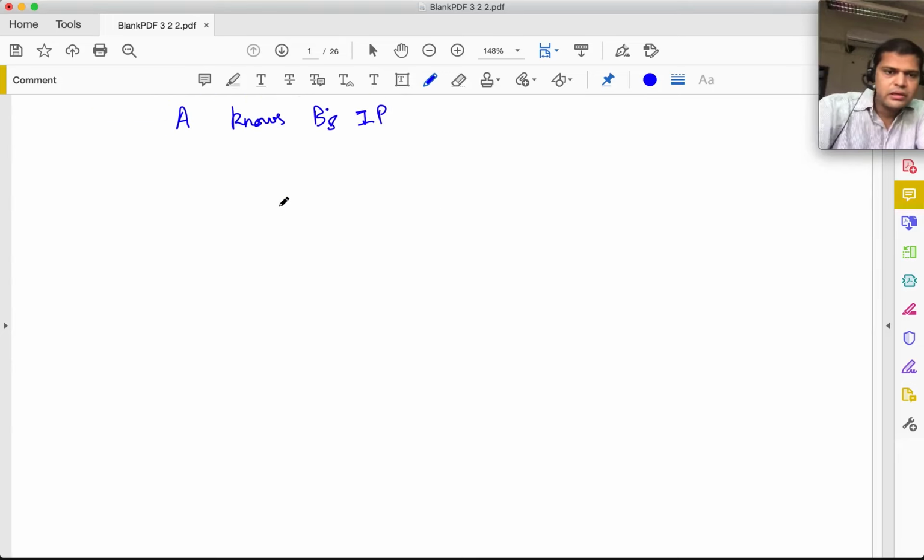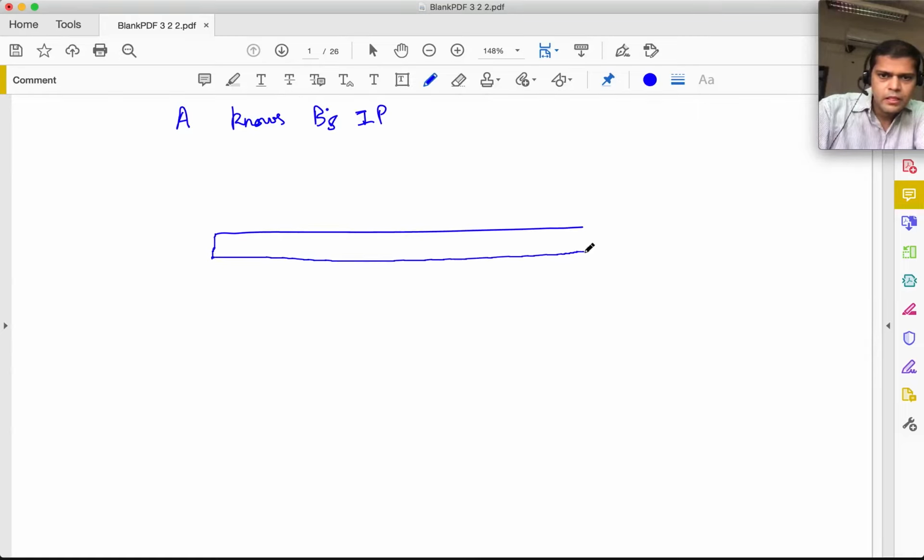So we know that we would have an Ethernet frame, and within this Ethernet frame is the IP packet.